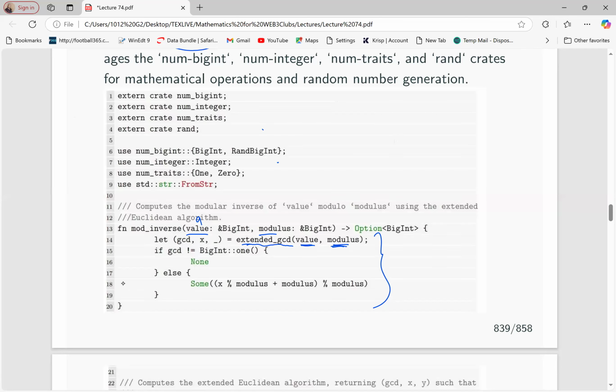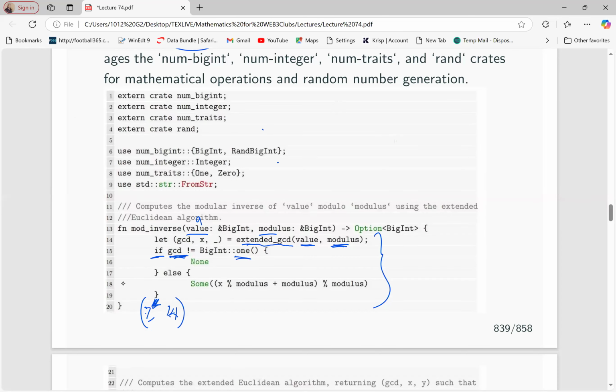And then it says, for it to do this, it checks if the GCD is not equal to 1. For instance, 7 and 14. The GCD of these two numbers is not equal to 1. So if it's not equal to 1, it means this number has no inverse.